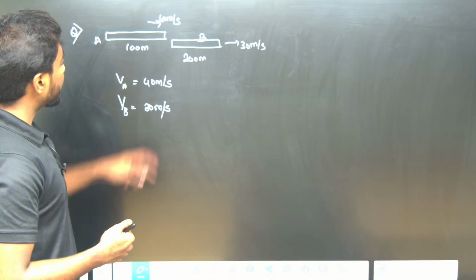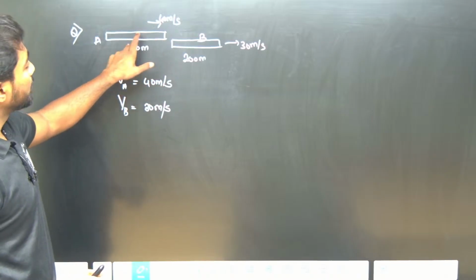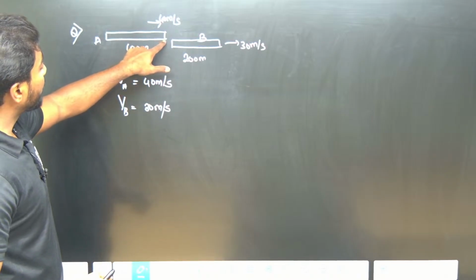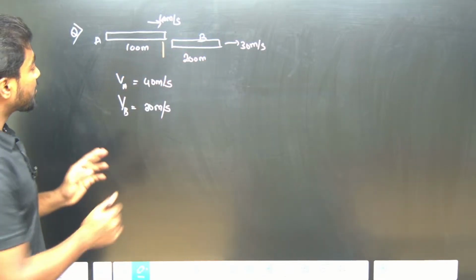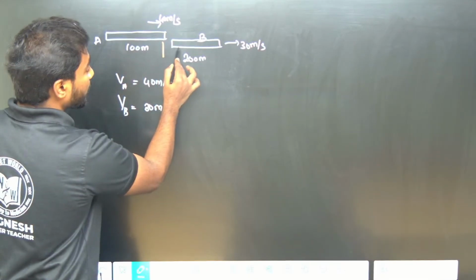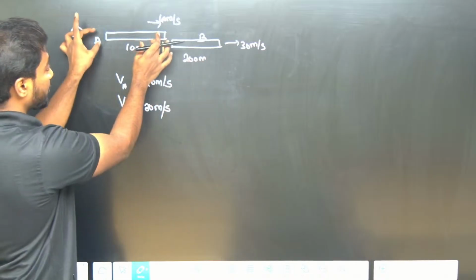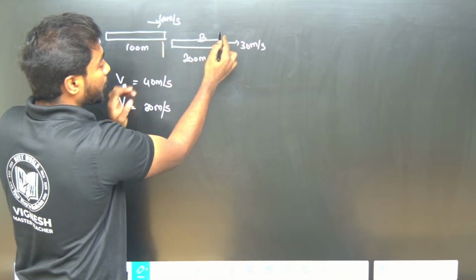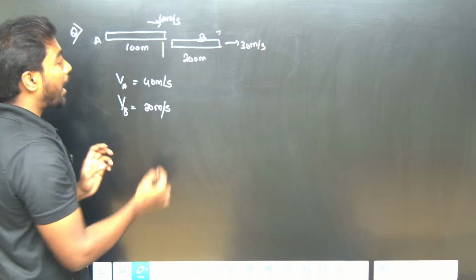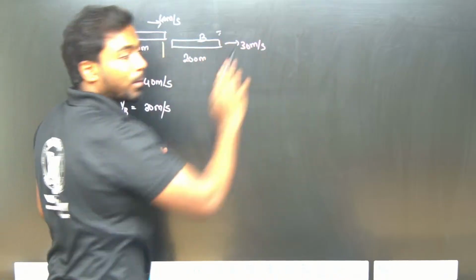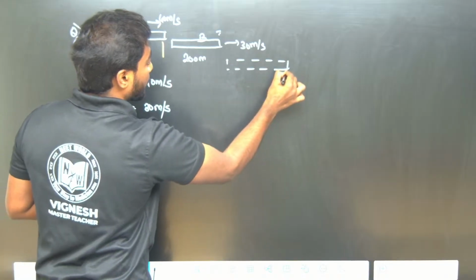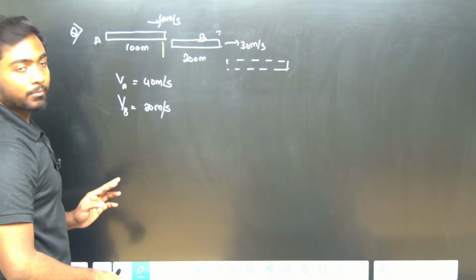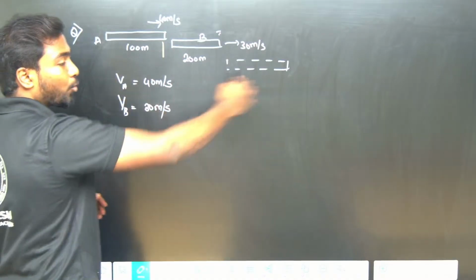The front position of A needs to cover 200 meter to come here exactly, and again 100 meter to take over the train. It should be like this, then only it has been taken over.